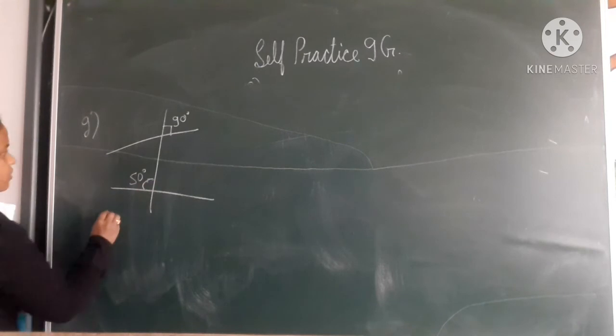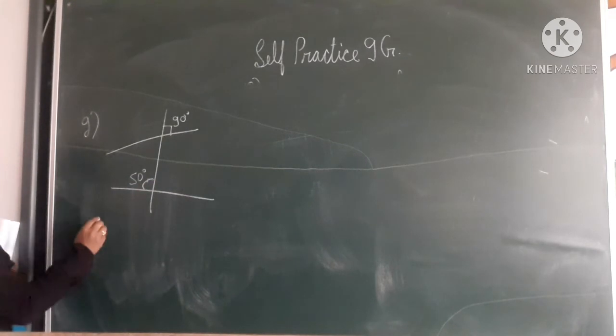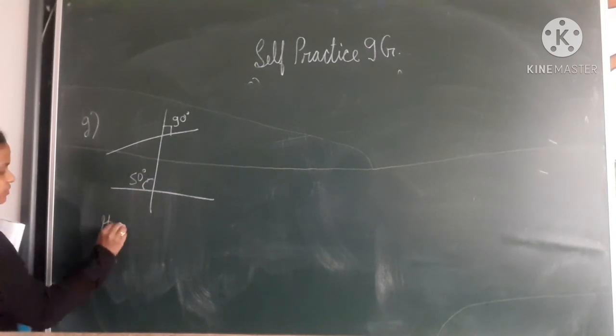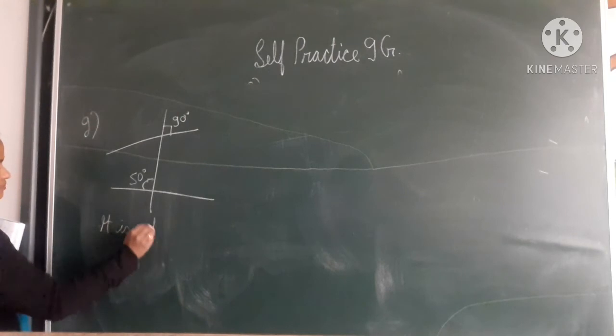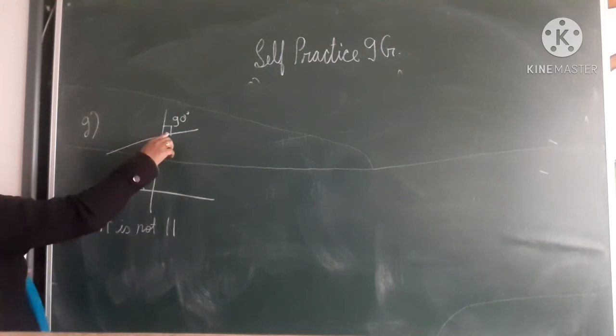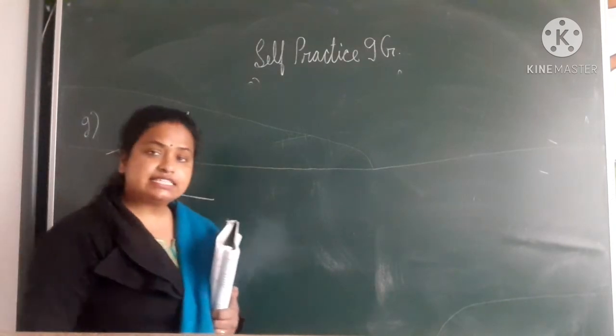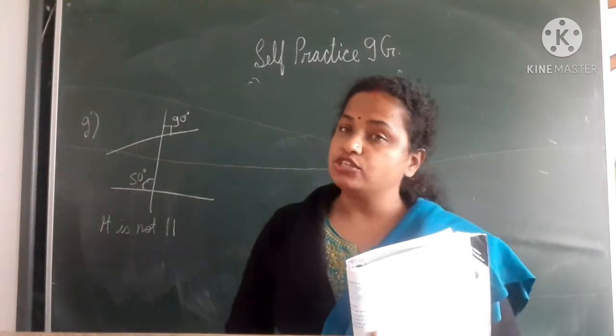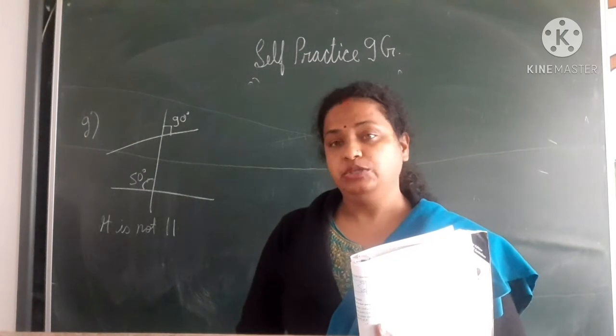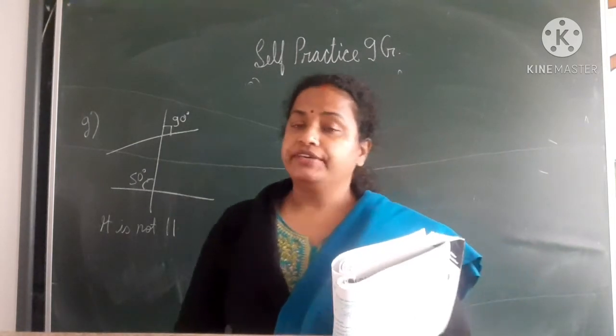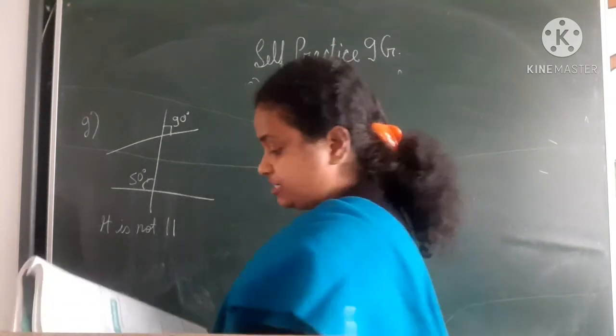Okay, that is also not parallel to each other, because if this is 90, then this should also be 90 degree. If one angle is 90 degree, all the other angles should be 90 degree if they are parallel to each other. Okay, then comes the H part.